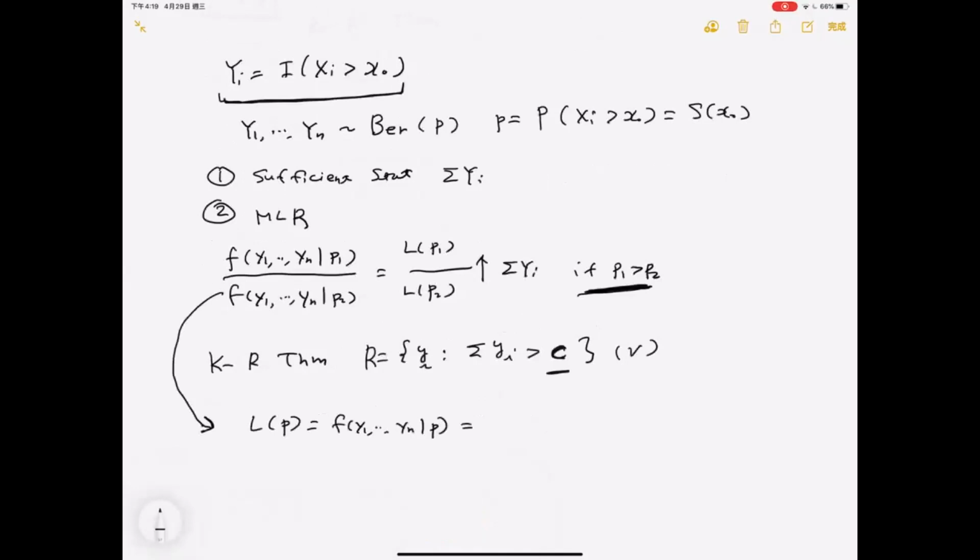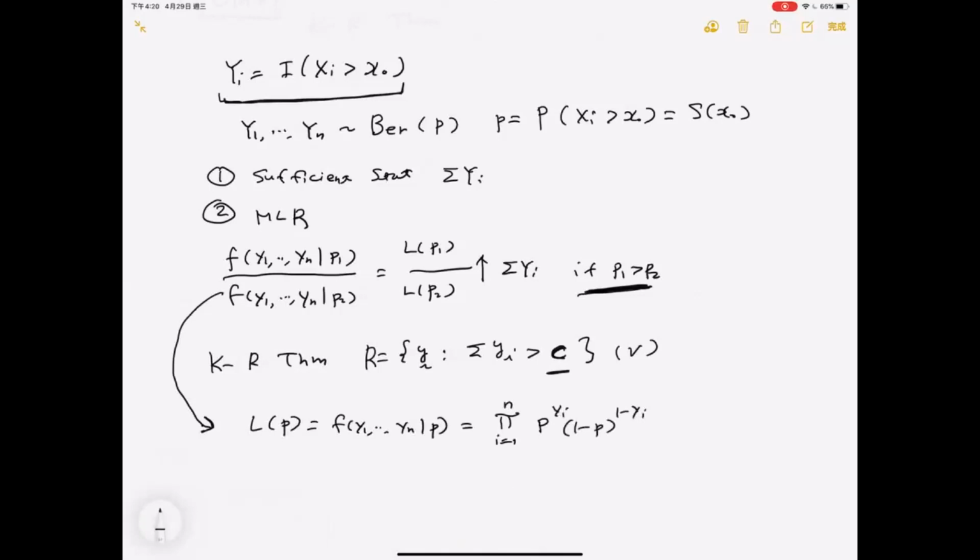Y1 to Yn are Bernoulli, so that is nothing but the product of p to the Yi times 1 minus p to the 1 minus Yi.